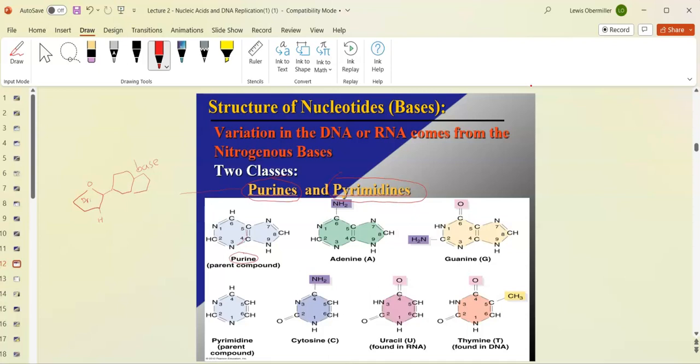I'm just going to call it D-ribose because I don't have enough room to write that. Here on number 3 carbon is the hydroxyl group. So this is number 2, number 3. Number 4 carbon, not much going on. And then the number 5 connects to the phosphate group. And then that connects to the next 3 prime over here.